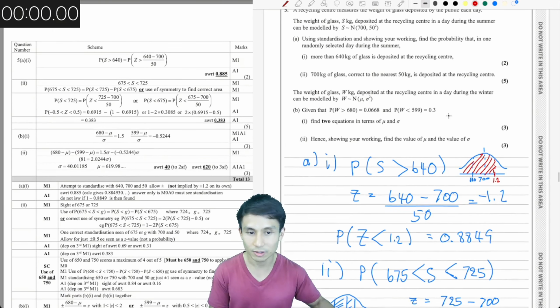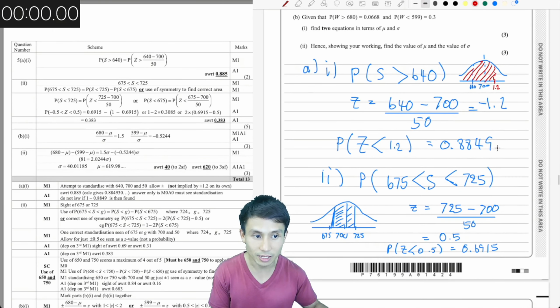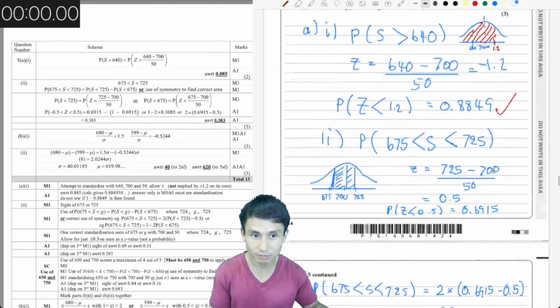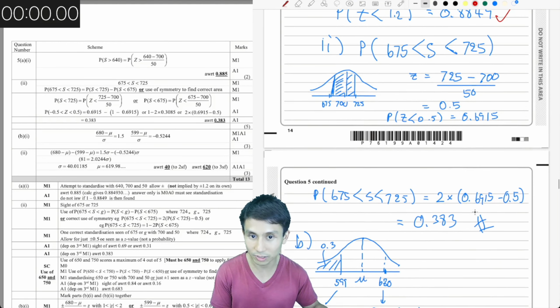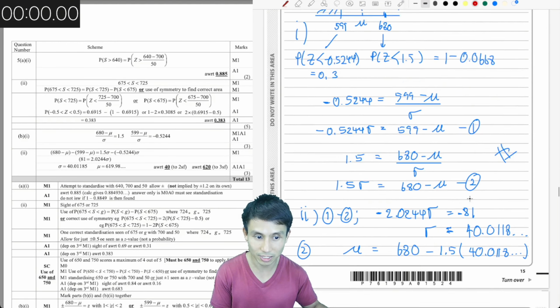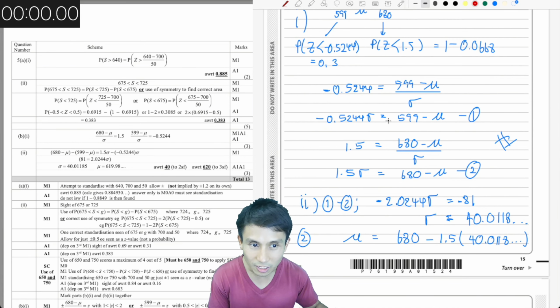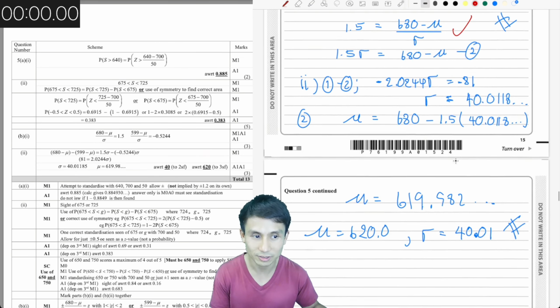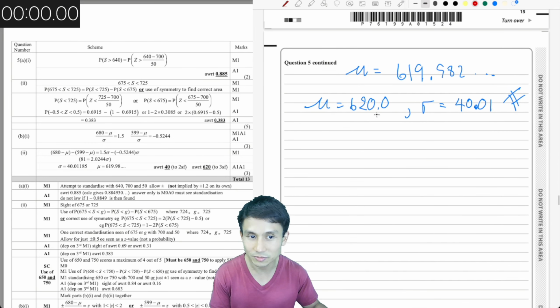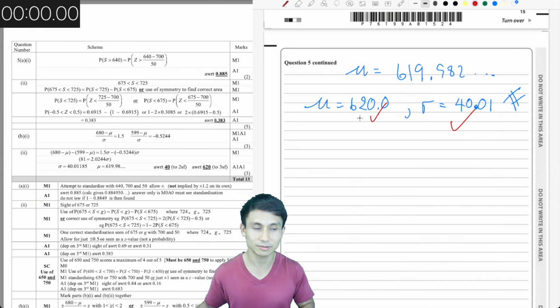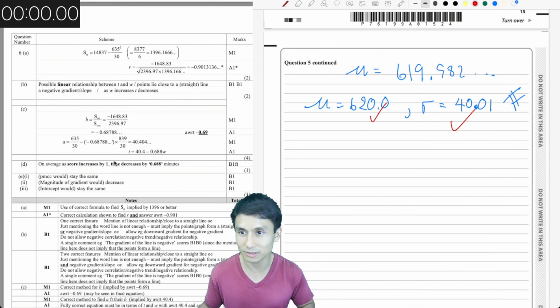Correct. A, 885 here. And then the second part, 383. This is minus the two equations. Although I just rearranged, so this is, I think, fine. This one is also fine. 1.5, yeah. And then you got these to be that and that. So they award that, so I'm fine with that.